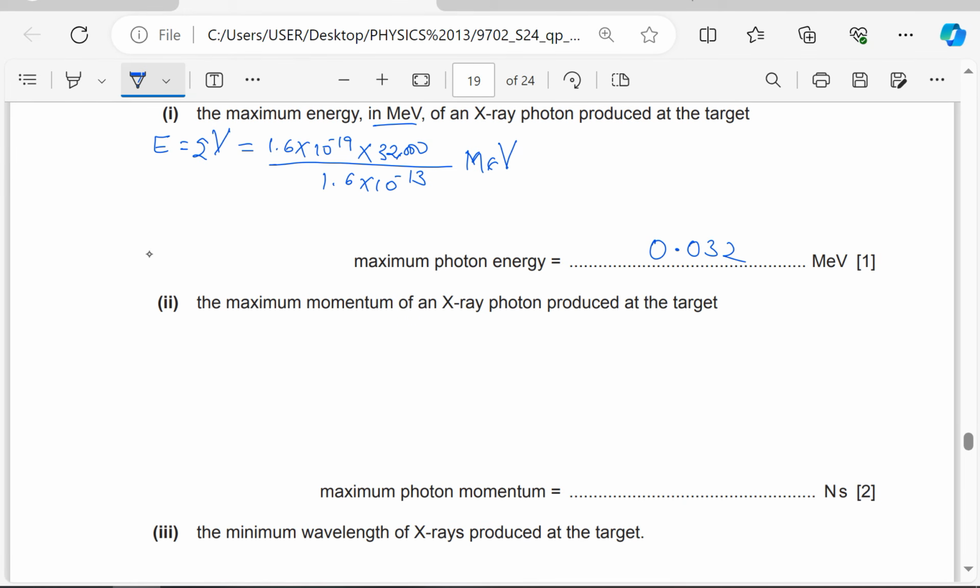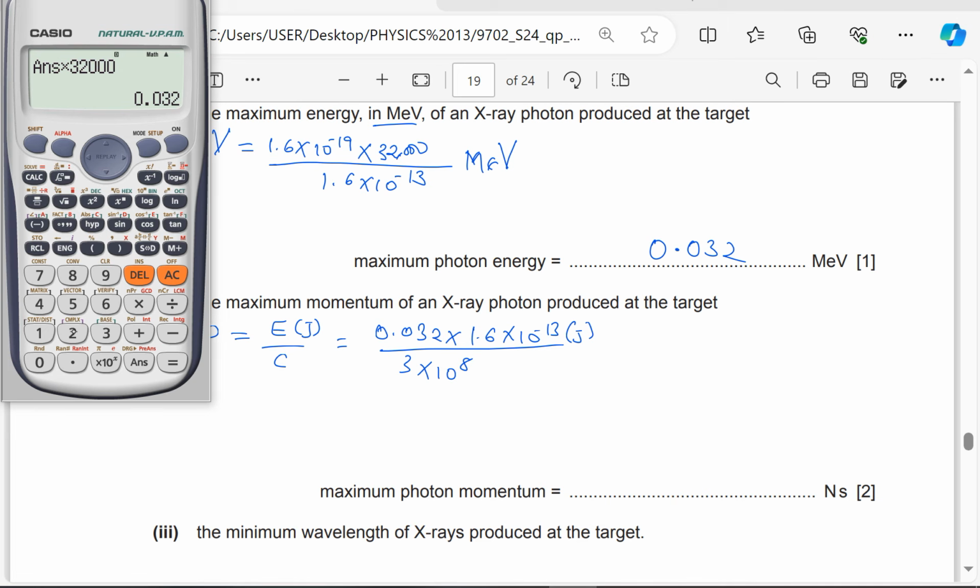The maximum momentum of an X-ray photon produced at the target. Of course, we know that the momentum P of a photon is energy, which must be in joules, divided by the speed of light. So the energy is, of course, I have to take this back. So the energy is going to be 0.032 times 1.6 times 10 to the power of minus 13 to change it into joules, then divide by 3 times 10 to the power of 8.